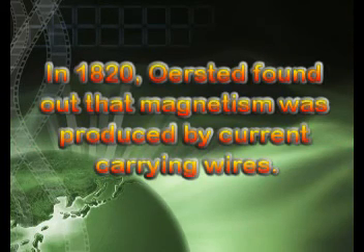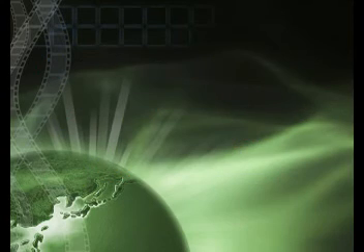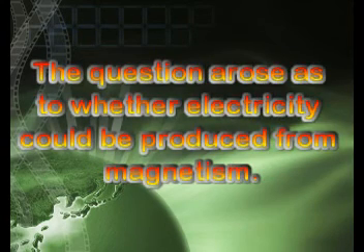In 1820, Ørsted found that magnetism was produced by current-carrying wires. The question arose as to whether electricity could be produced from magnetism.